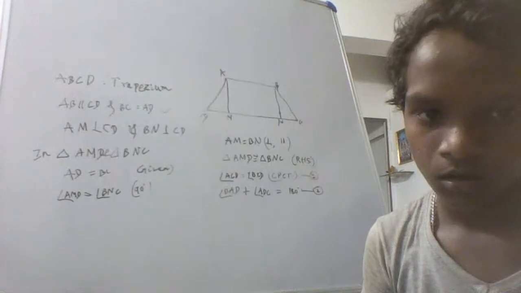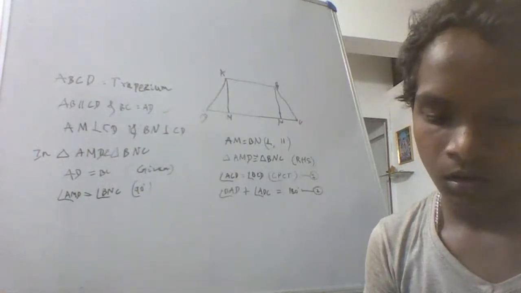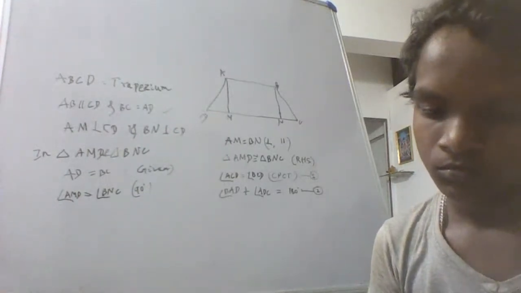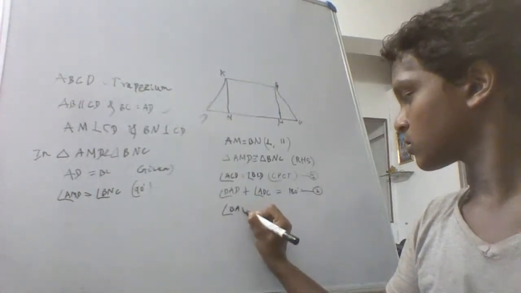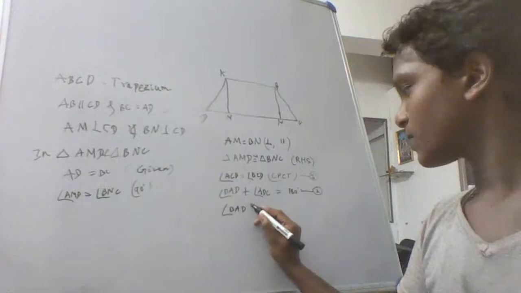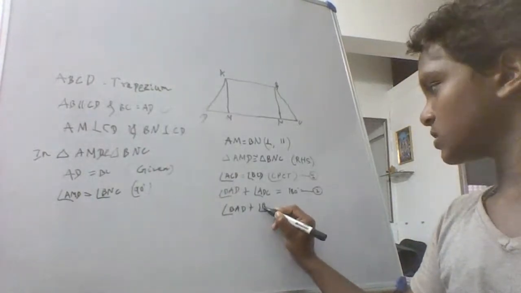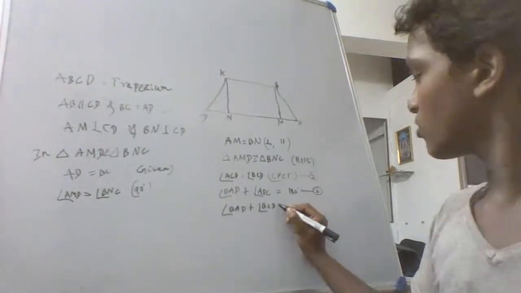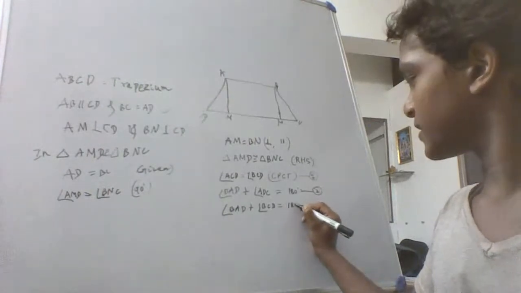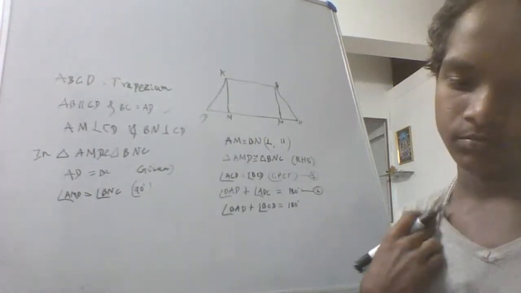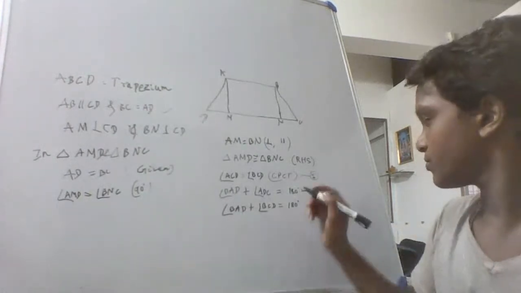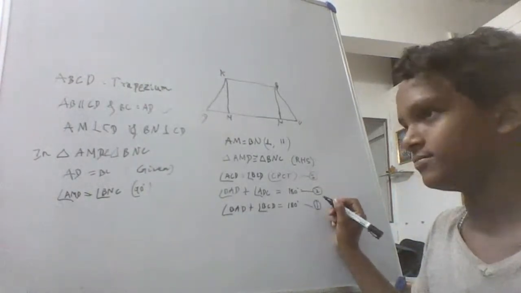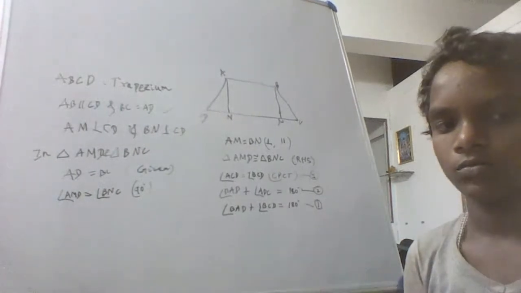Next, we have angle BAD plus angle BCD is equal to 180 degrees, using equation 1.